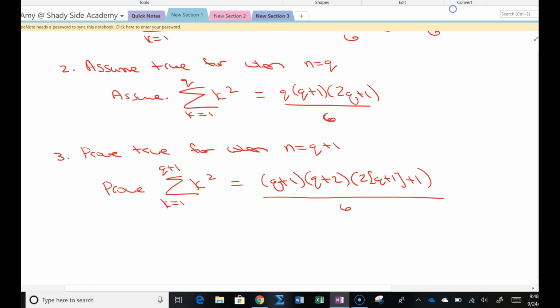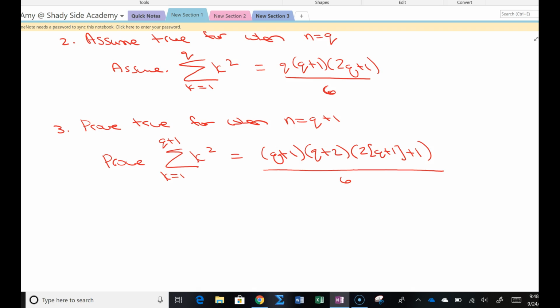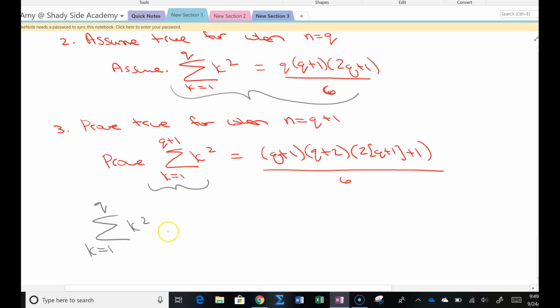All right, here's my proof. The course of my proof, the proof will always kind of look like this. When you're proving true for the q plus first case, we're inevitably going to use our assumption from step 2. So this here equals the summation from k equals 1 to q of k squared. You understand?